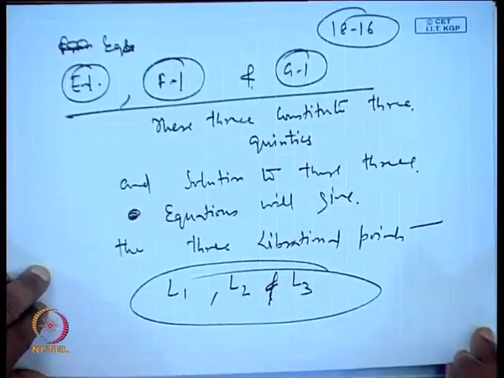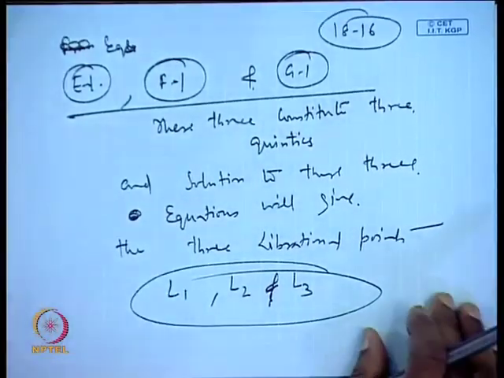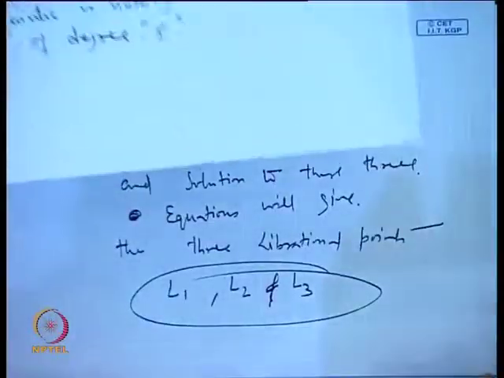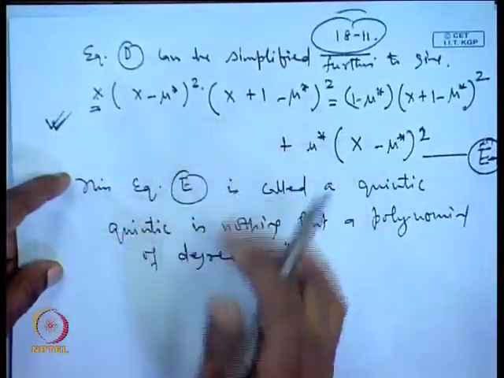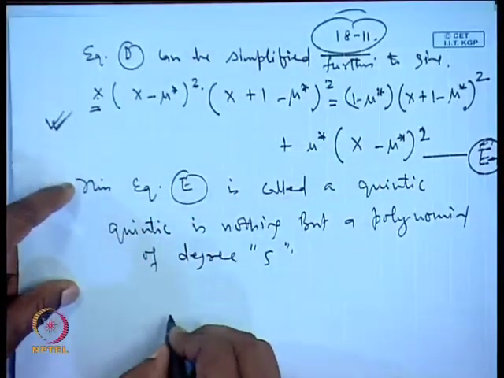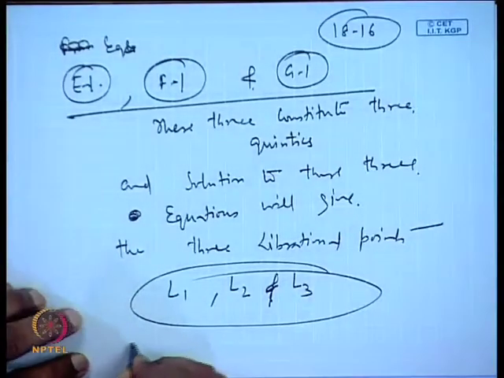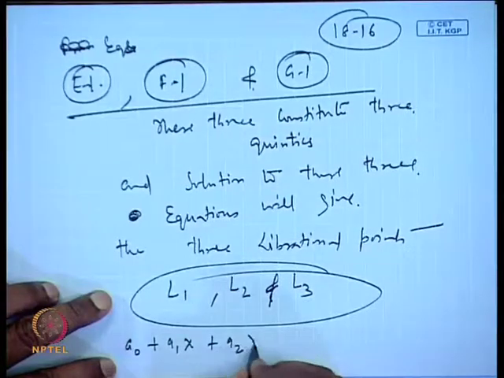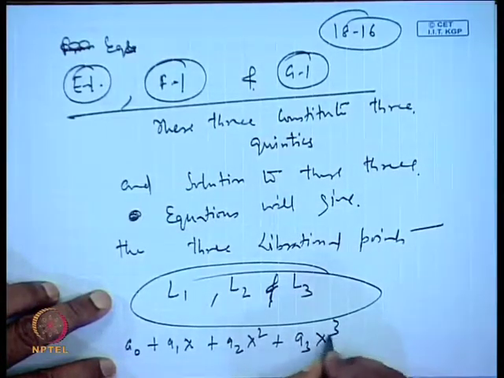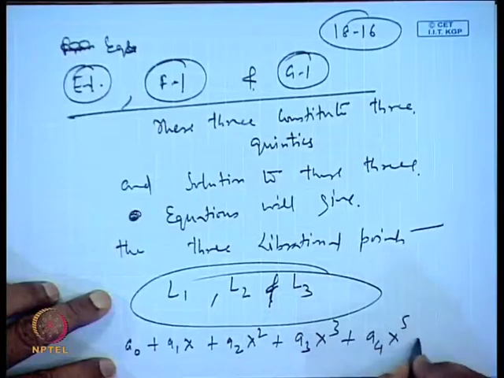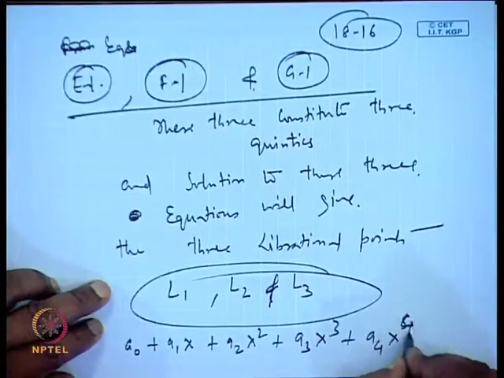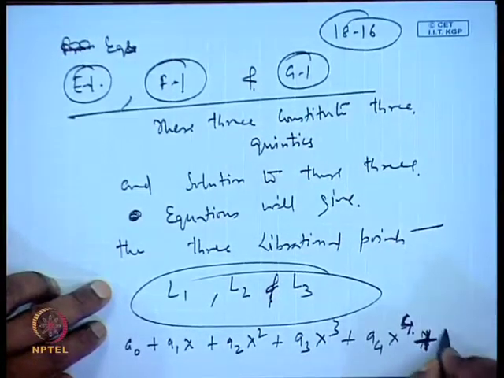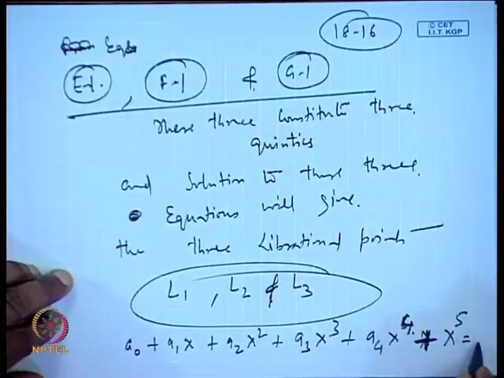We will directly write the solution after simplifying the E1, F1 and G1 equations a little bit. You will see that these equations will appear in this format: A0 plus A1 x plus A2 x square plus A3 x cube plus A4 x to the 4 plus A5 x to the 5 equal to 0.